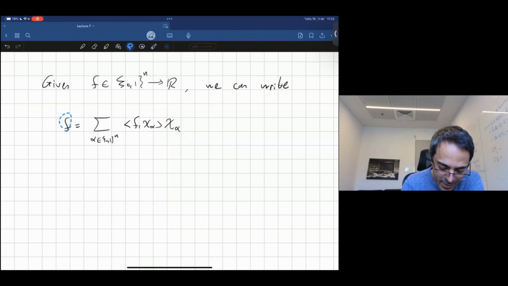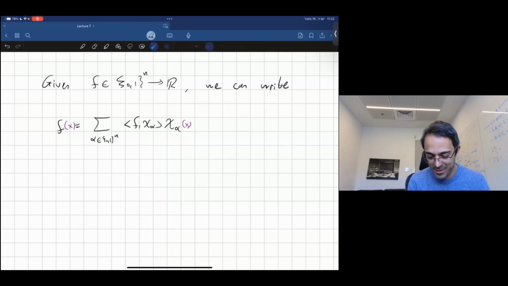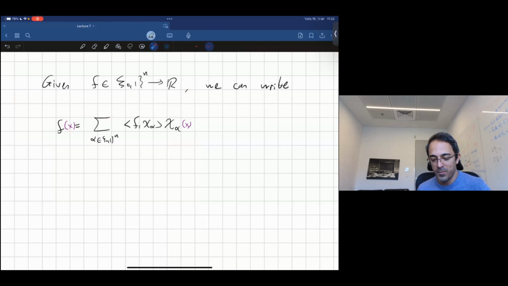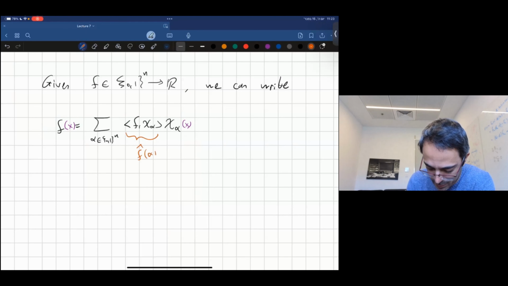Some people really like x's. They don't like to see f, they like to see f of x. But the function can be written like that, just by the fact that this is a basis, even before it's orthonormal. And this quantity is denoted as f hat of alpha.